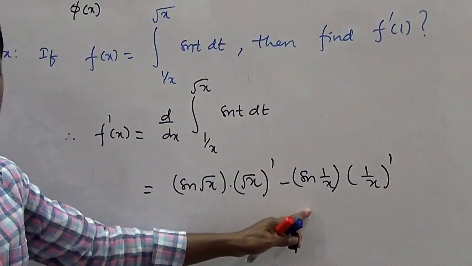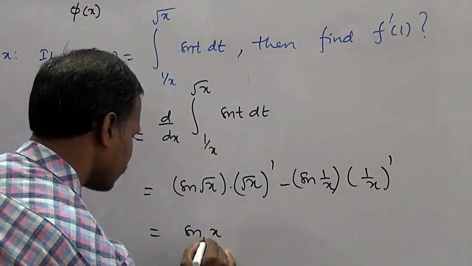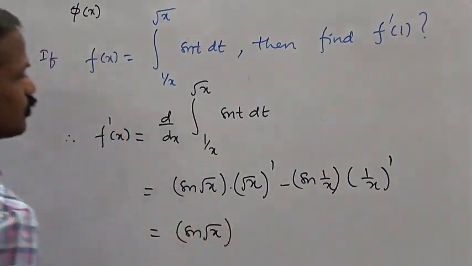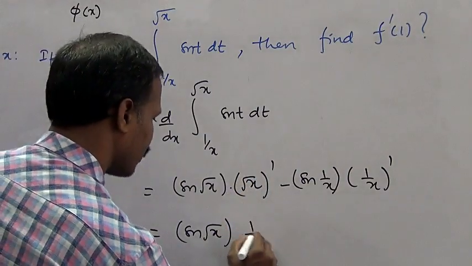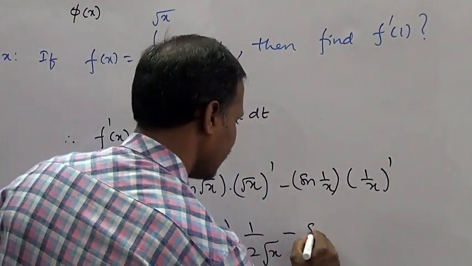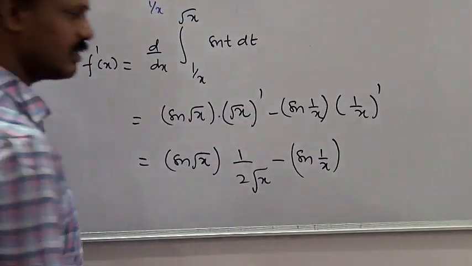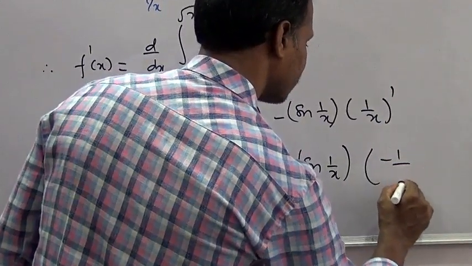Clear? Now this is equal to sin root x into the derivative of root x, which is 1 by 2 root x, minus sin 1 by x into the derivative of 1 by x, which is minus 1 by x square.